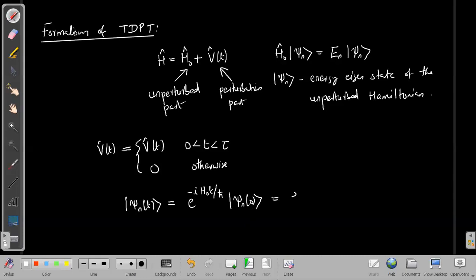And this can be written as e raised to minus i E n t by h cross psi n at 0. So that means the state of the system, the psi n, remains as psi n at a later time also, because this is only a phase factor. This phase factor does not change.